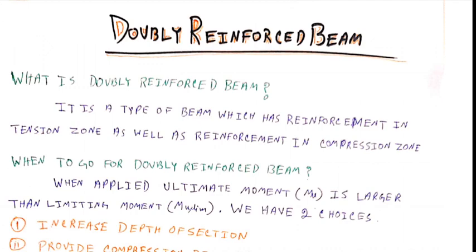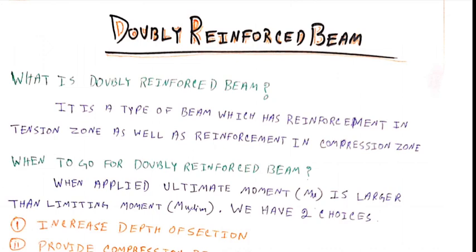But in the case of a doubly reinforced beam, reinforcement is also given in the compression zone as per design. So, it is clear that this is the basic difference between a singly reinforced beam and a doubly reinforced beam.